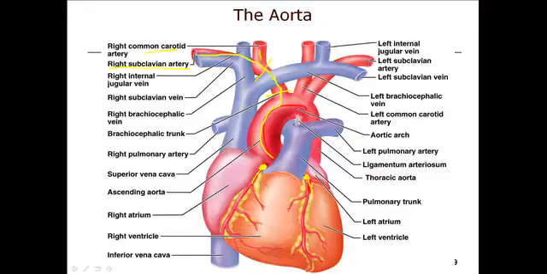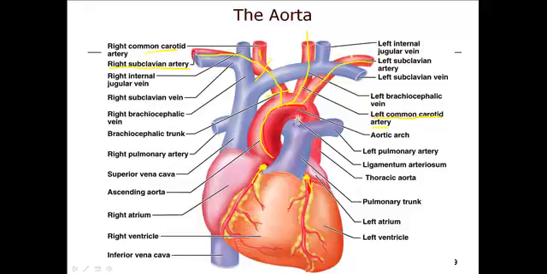So brachiocephalic will branch into the right common carotid and the right subclavian artery. The next one will be the left common carotid. The carotid arteries go up your neck, and that'll split between your face and your brain. And the third one will be the left subclavian.